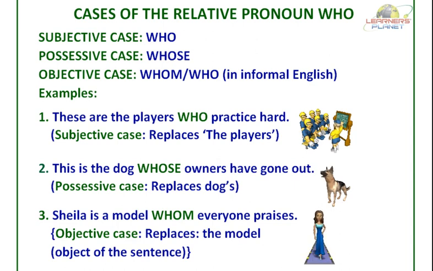Whose is used for persons, animals as well as inanimate things, which is used to refer to things without life as well as animals, while that is used for persons as well as things.